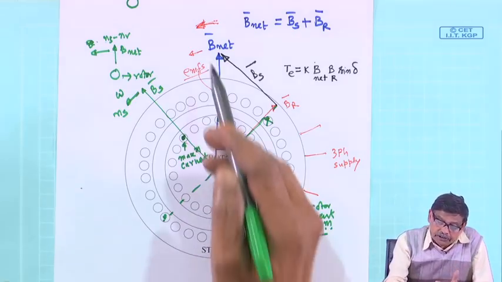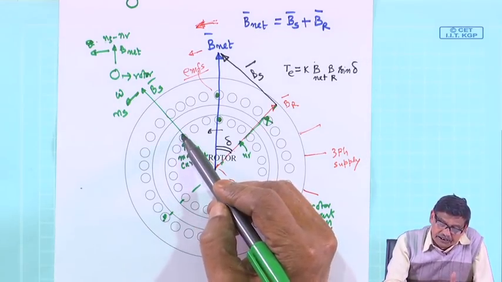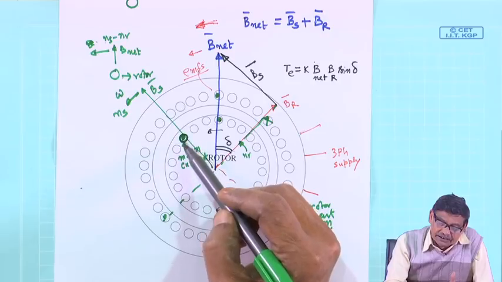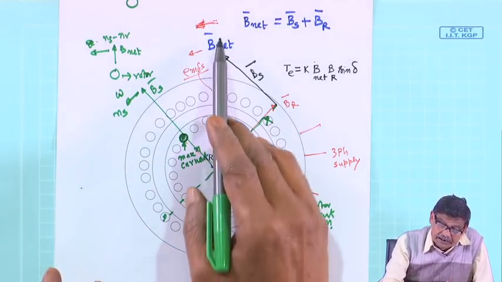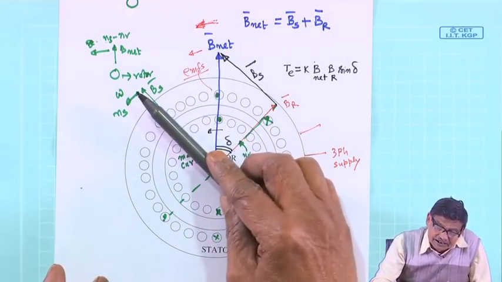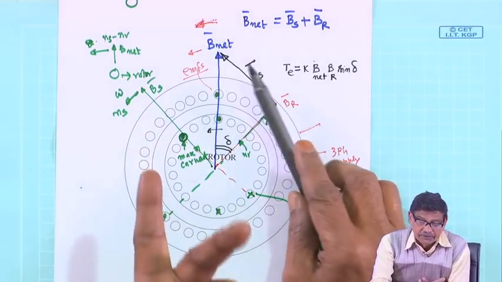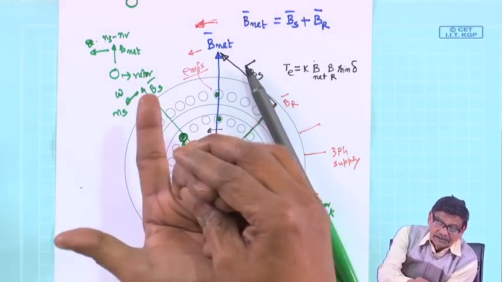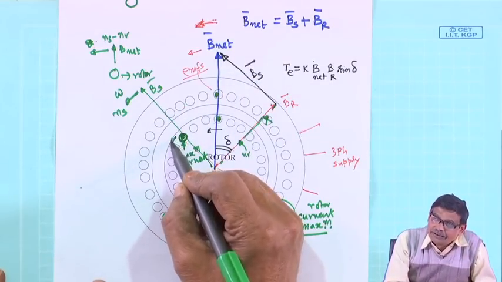For example, here this is the conductor which carries maximum current, it is your B net. So, B net will be like this, still like this. Therefore, you apply the left hand rule, B, this is I, and you will find it experiences a torque like this.